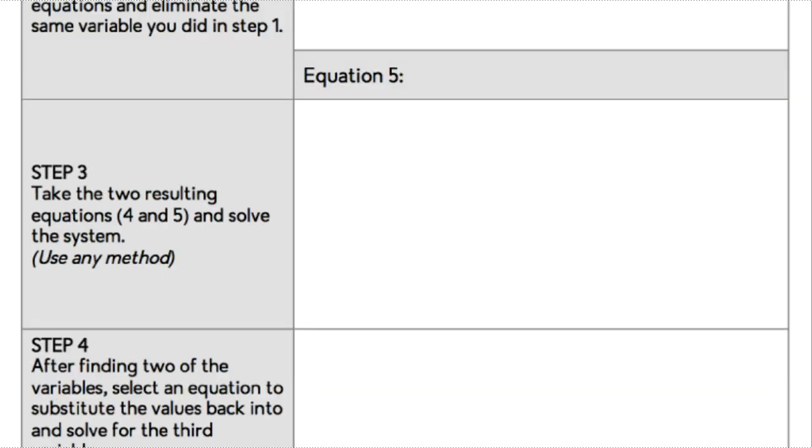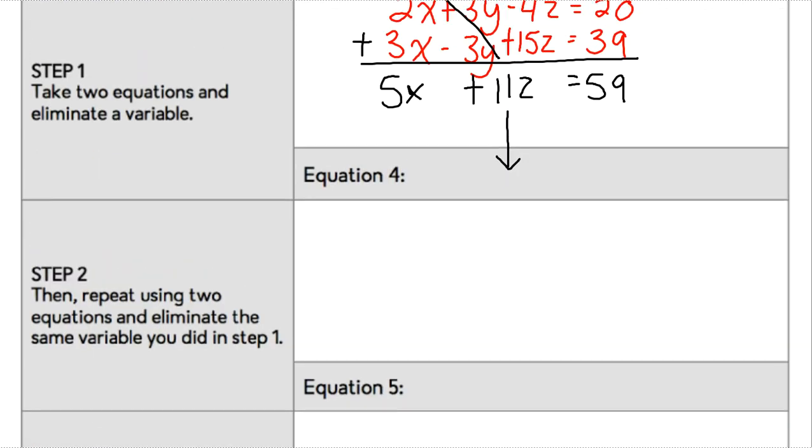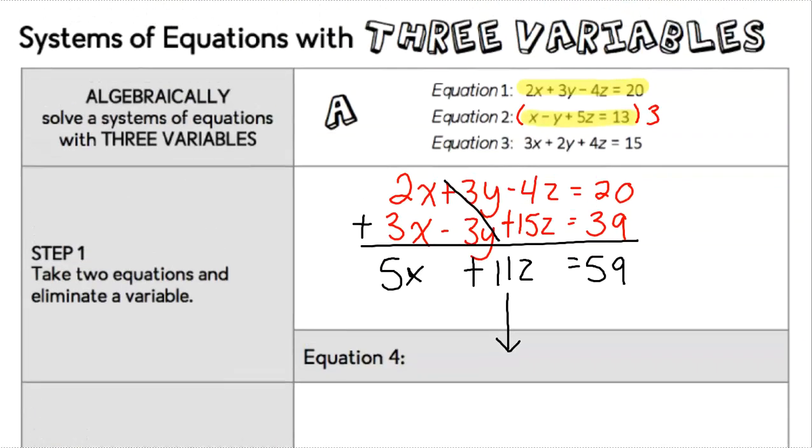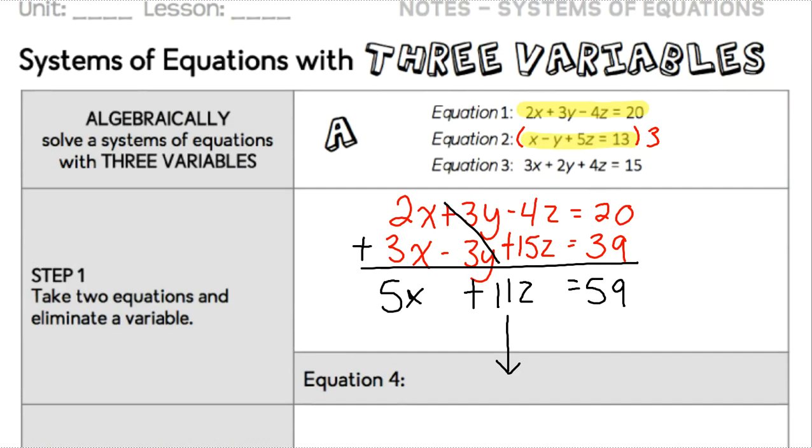So we know from prior experience that in order to solve for 2 variables, we need 2 equations. So we're going to repeat that process, picking 2 different equations, but we're going to eliminate the same variable. Okay, so I am now going to pick equation 2 and equation 3, and I'm again going to eliminate the y, the same one we did last time.